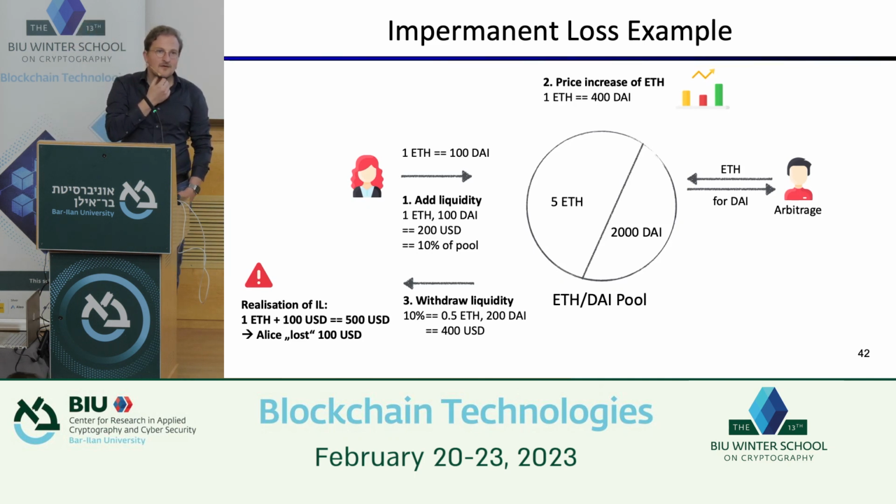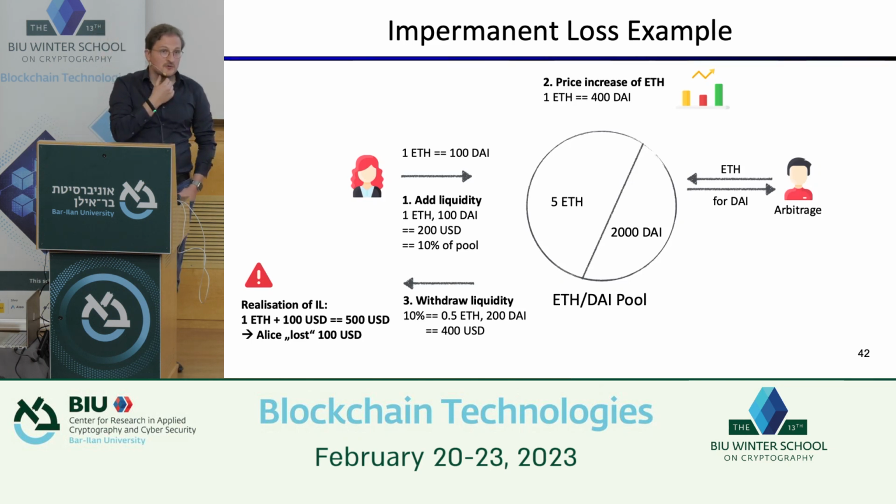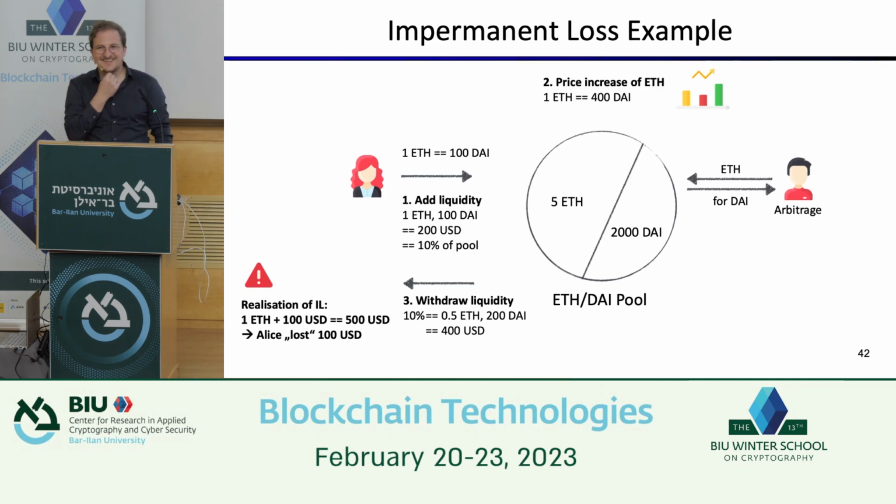If there's a market maker in some centralized market, wouldn't he just call this permanent loss a loss? The term impermanent loss is highly disputed, I have to add. Yeah.